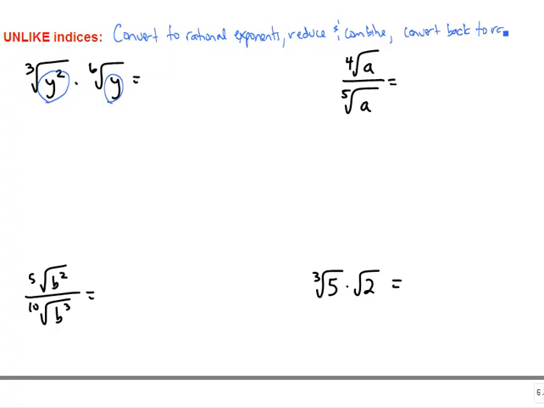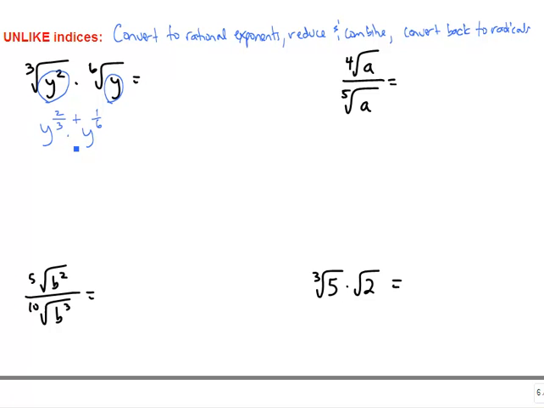So in this example, if I have the cube root of y squared, change that to the fractional power 2/3. And if I have the sixth root of y, change that to the 1/6. Now I still can't multiply these yet because in order to multiply the two common bases of y times y, we would have to add exponents, but I don't have like denominators.